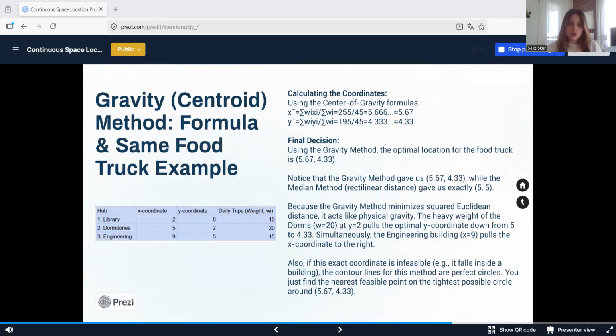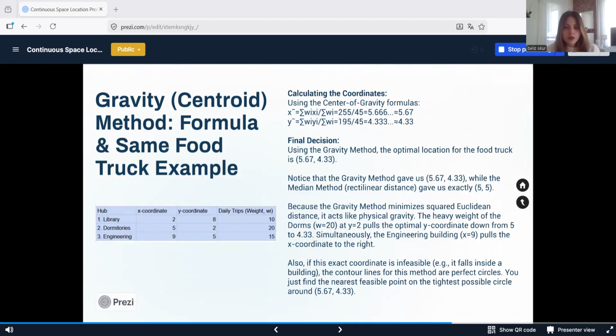All right, let's change topics. Everything we just did in the median method was for rectilinear distance, walking on sidewalks. But what if we are using drones? What if we are using straight line Euclidean distance? The easiest way to solve this is the gravity method, also called the centroid method.